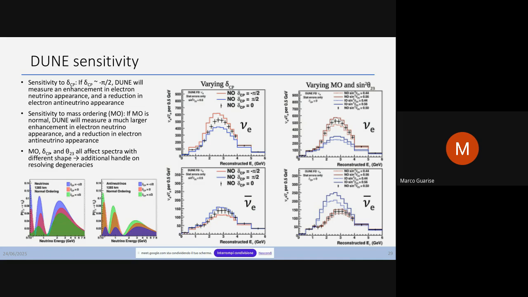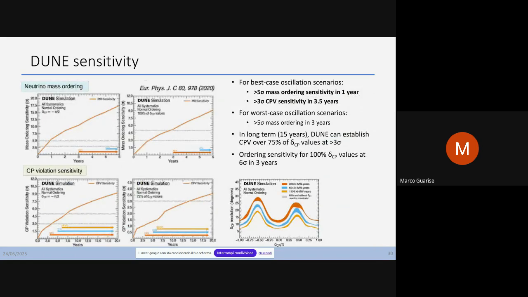And so we expect to give a hint on both these 2 quantities in the first years of measurements. In particular, for the best case scenario, we expect to have a 5 sigma sensitivity in 1 year.